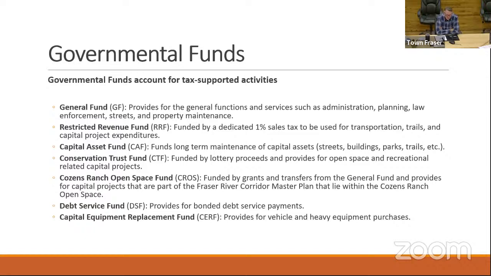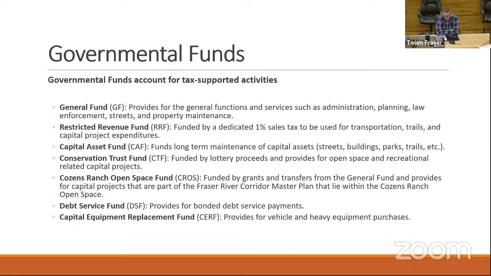We also have a restricted revenue fund. This fund is funded by a 1% dedicated sales tax that was passed by the voters probably in 2017 or 2018. And the proceeds of that 1% sales tax are used for transportation, trails, and also for capital project expenditures.